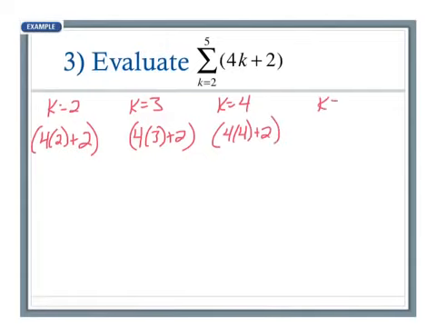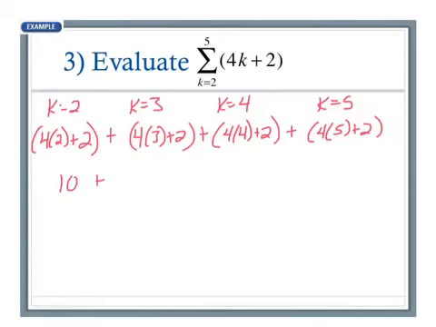And when k is equal to 5, we're going to have 4 times 5 plus 2. We stop here with 5 because the top number above the sigma is 5. And sigma means sum. It means add them all up. So we're going to calculate these values and add them all up. So here I have, this is 8 plus 2, so that's 10.